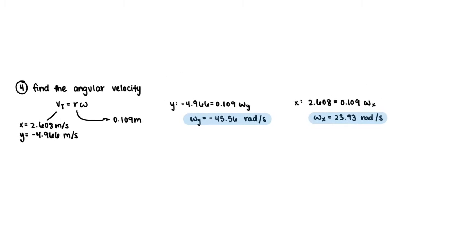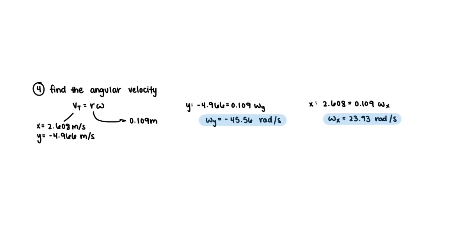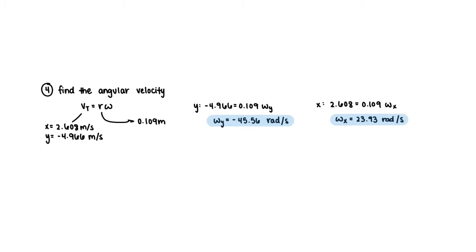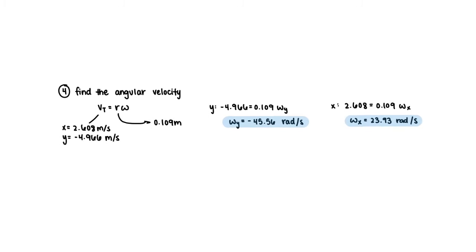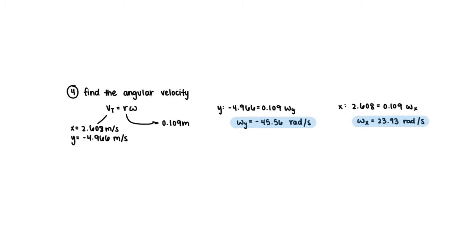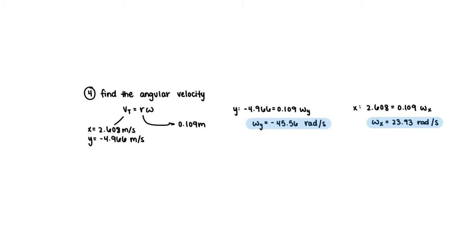Step 4 is to find the angular velocity in the x and the y. Using the equation, tangential velocity, which is also linear velocity, is equal to radius times angular velocity, you can plug in the linear velocity and divide by the radius to find the angular velocity.